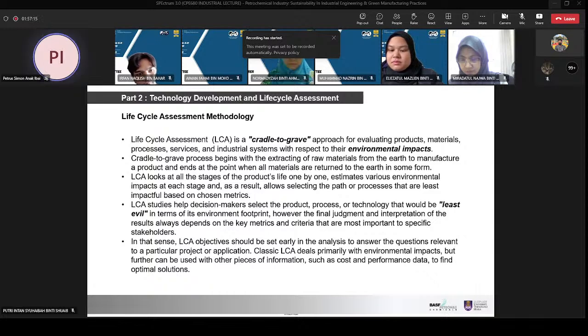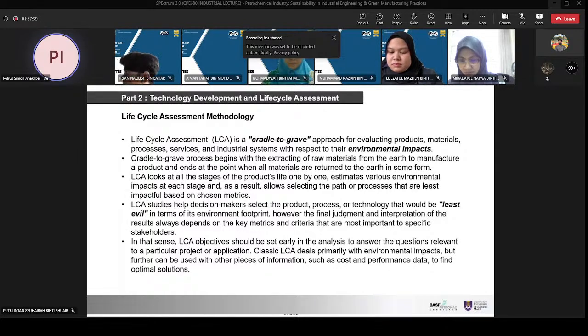So basically, LCA studies help the decision maker to select which process is the least evil in terms of the impact on the environment footprint. However, this is important. The final judgment and the interpretation of the result always depend on the key metrics that you set.